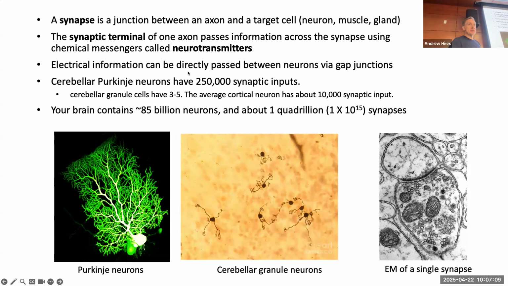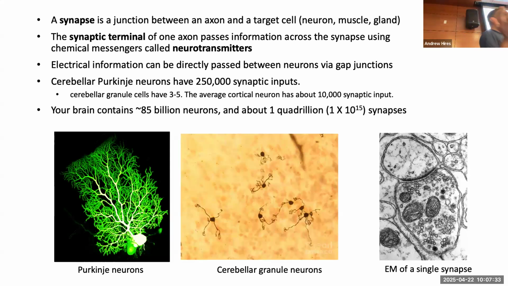And how many synapses do we have? It really depends on the cell and the morphology. You can have up to 250,000 synaptic inputs in the Purkinje cells of the cerebellum. Or in another part of the cerebellum, the cerebellar granule cells only get 3 to 5 synaptic inputs total. So very different size and morphology.